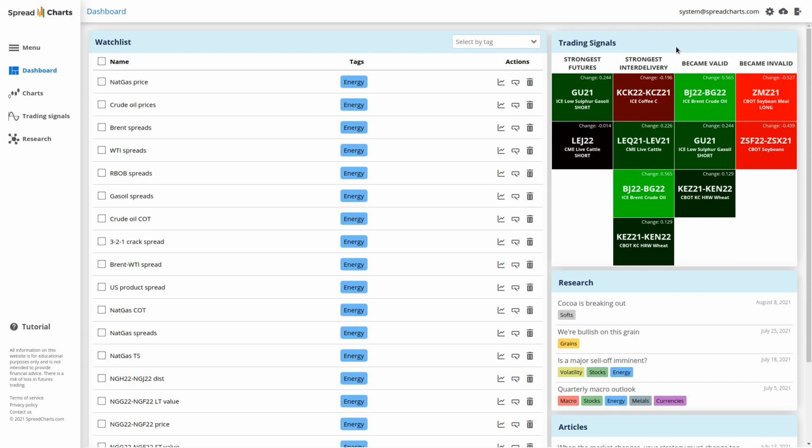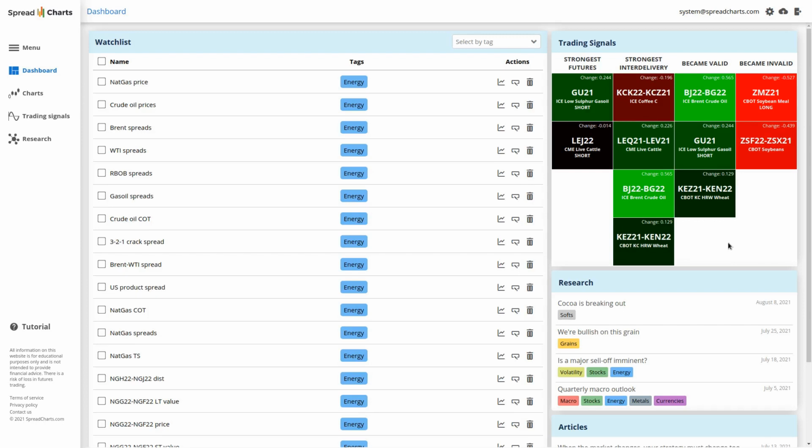The final column is similar, but it is just the opposite. It shows the signals that became invalid over the previous day, which means that the signals that were previously valid but crossed the 1.0 boundary below to the area below 1.0, which means that they are no longer valid, and these opportunities are probably not as interesting as they were before.